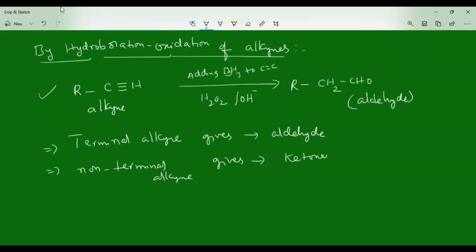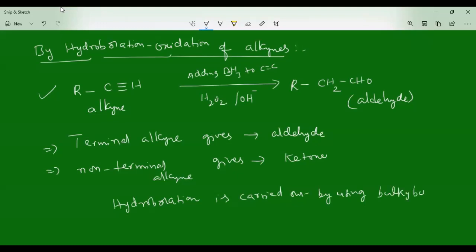So hydroboration is definitely carried out by using bulky boranes. Here we are not clearly mentioning which type of boranes will be taken. Hydroboration is definitely said to be carried out by using bulky boranes.